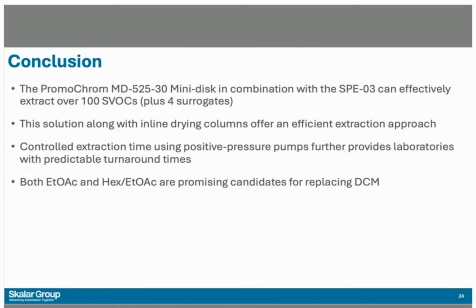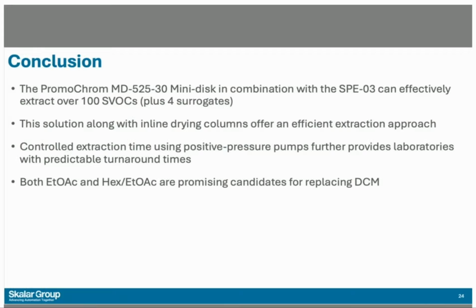So all in all, the main takeaways that I want us to have when I'm done this talk are that using the PromoChrom MD 52530 mini discs with the SPE03 system was effective for extracting over 100 SVOC compounds. Using the inline drying columns made the workflow more efficient.